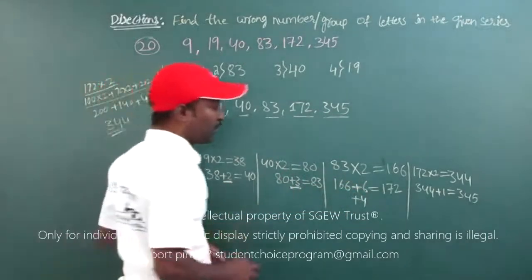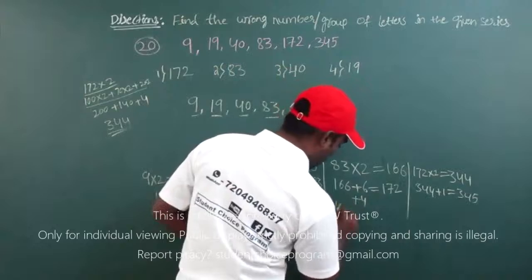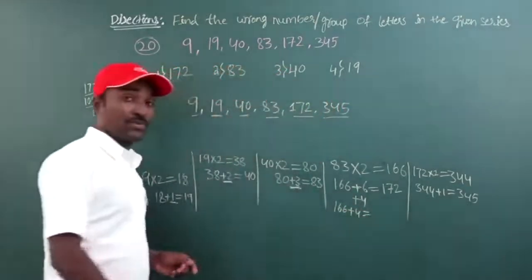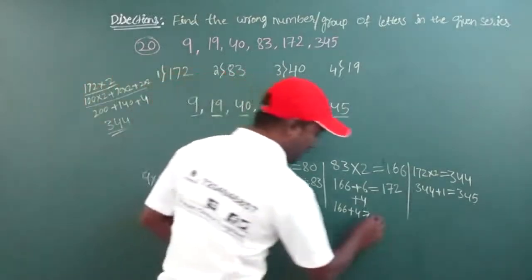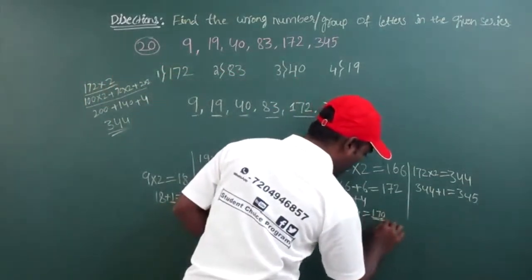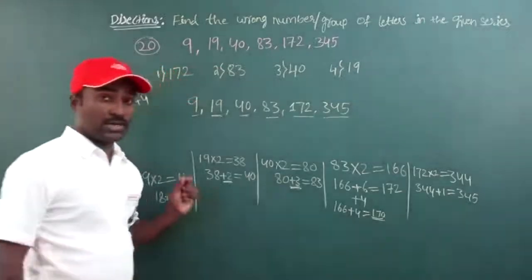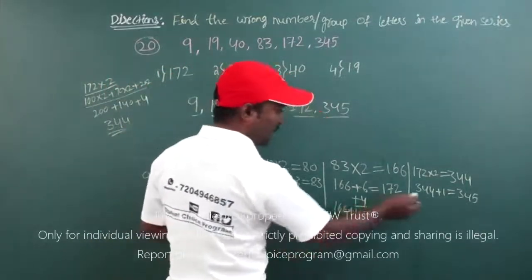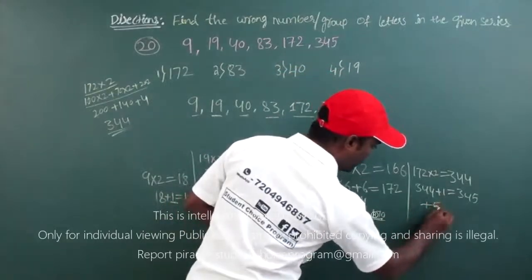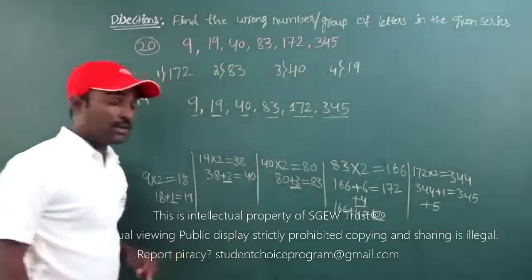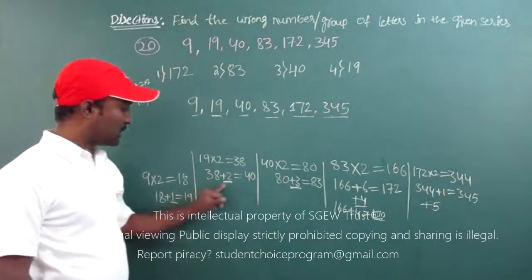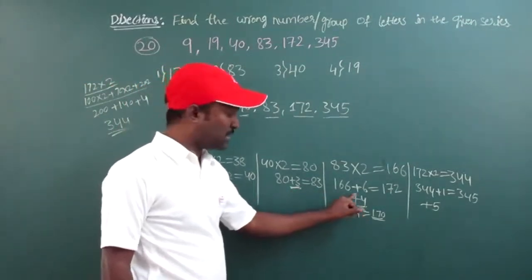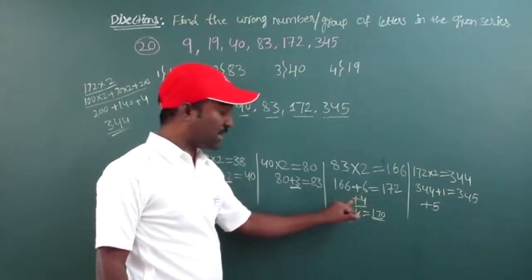If you add plus 4 to 166, 166 plus 4 is 170. Now, if I get plus 4 here, then I should get plus 5 at the end. Here plus 1, plus 2, plus 3, plus 4. Exactly it is plus 6, but I am taking it as plus 4.